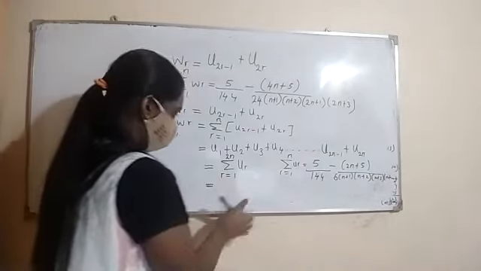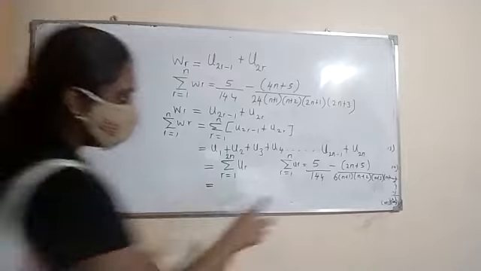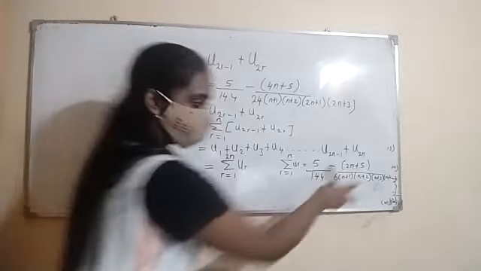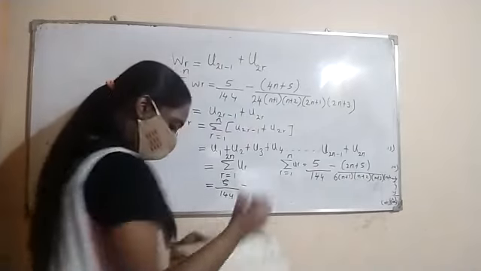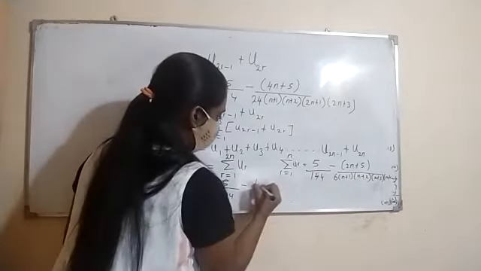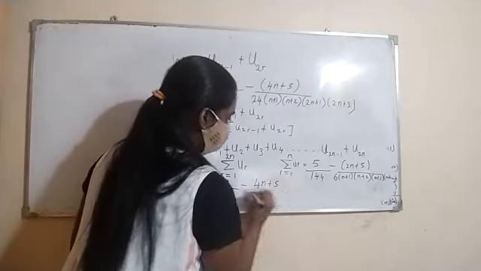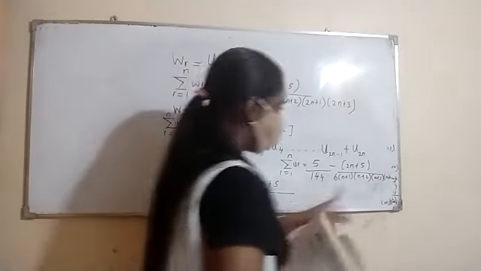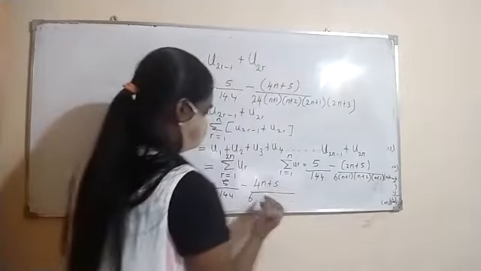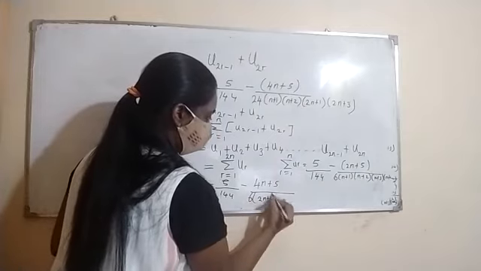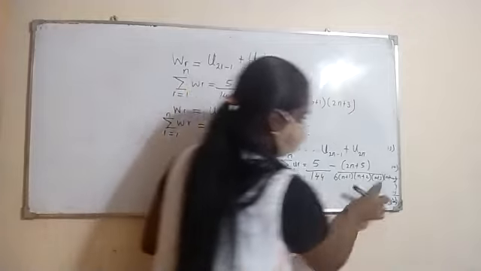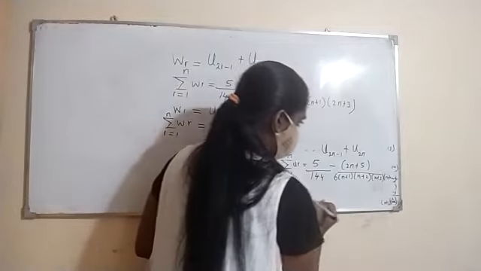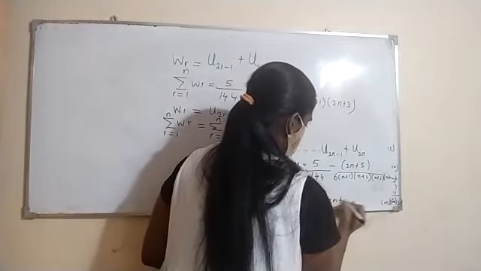Then what I get? 2 into 2n plus 5, then 5 over 144. If I put 2 into 2n, what I get? 4n plus 5 over 6 into, here see, 2n plus 1, 2n plus 2, the place of n replaced by 2n, 2n plus 3, then 2n plus 4.